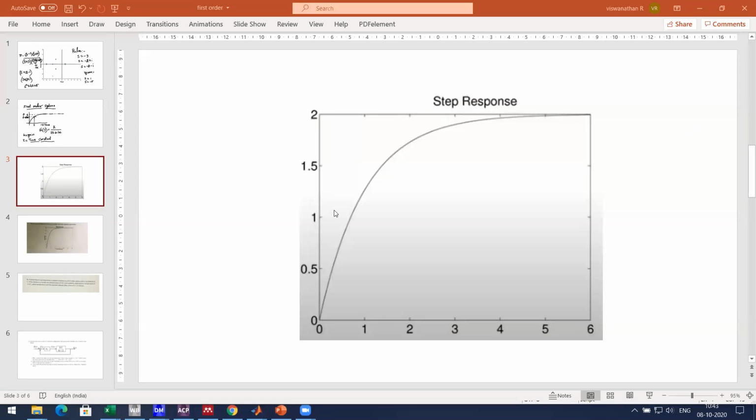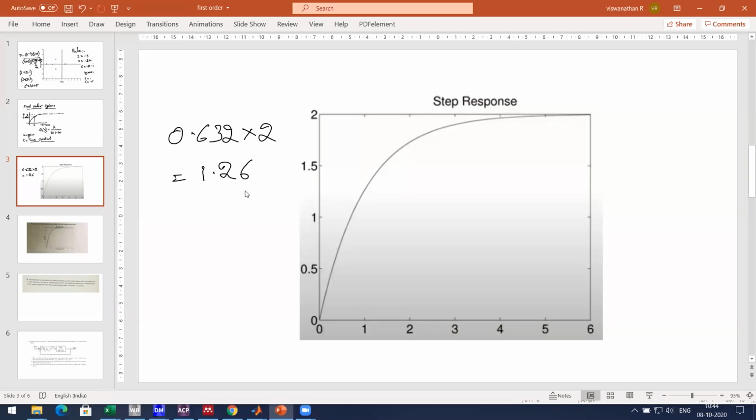So how do you calculate? 63.2% of 2, the final value is 2. So how much is this? 1.26.